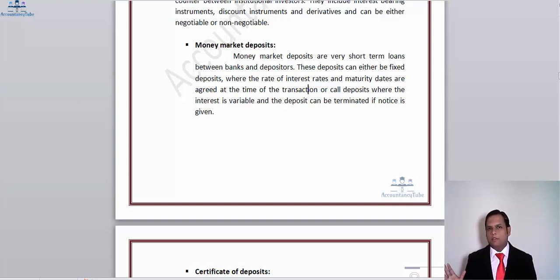In this case, the return is not fixed like the fixed term deposit, and the depositor can withdraw the fund anytime and of any amount. The return will only be given on the amount which is held by the bank on that particular date. They have a computation mechanism for it.